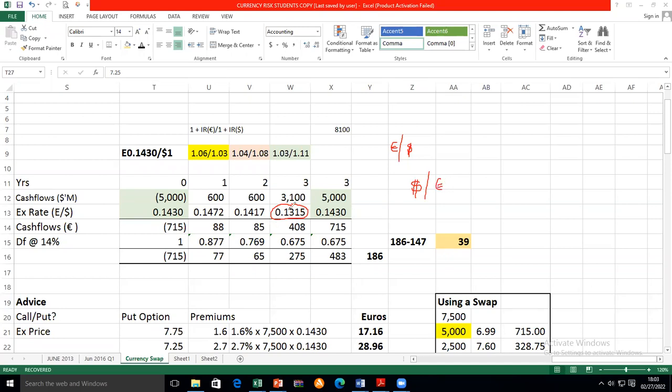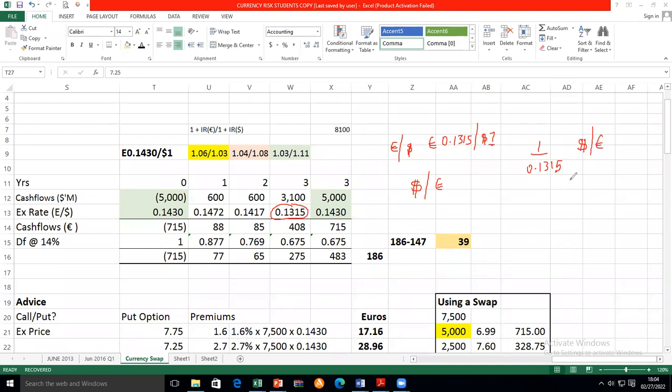So people, I want you to convert this for me. These are euros. This is 0.131. These are euros on a single dollar. I want you to put it in terms of dollars. So you take 1 and divide it by 0.1315. I want this to read the dollars on a single euro.